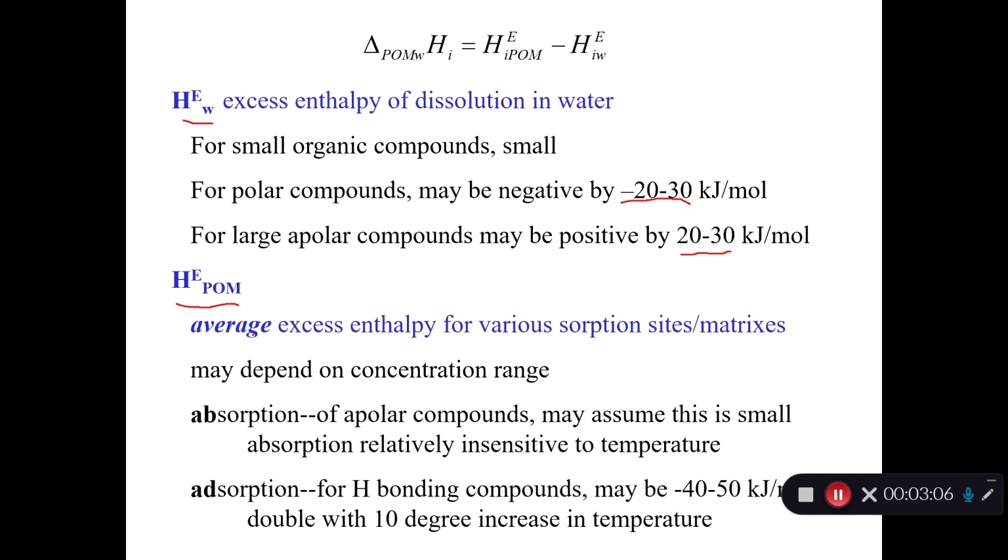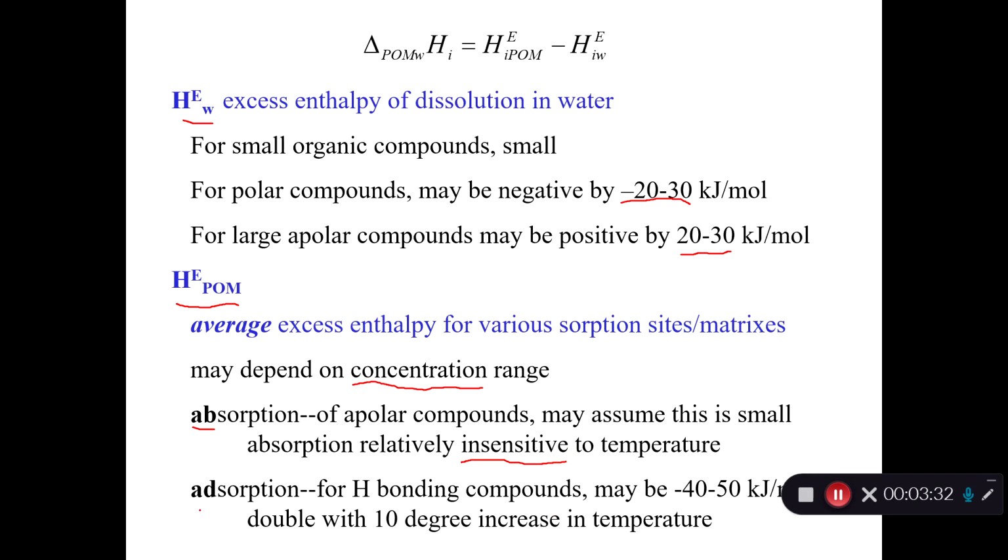And we also know from the sorption lecture that sometimes sorption isotherms are nonlinear, which means that the value of this delta H term depends on the concentration. For absorption into a three-dimensional matrix, it turns out that we can assume that this delta H term is pretty small, and that these types of absorption processes are pretty much insensitive to temperature.